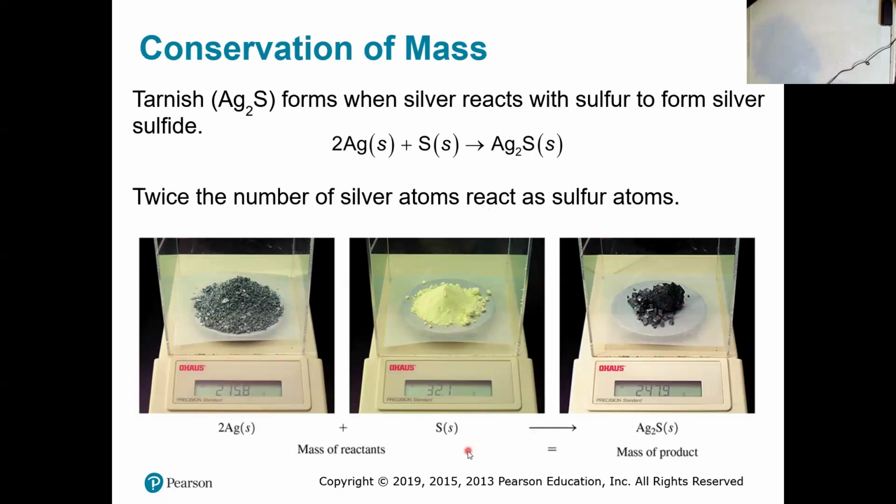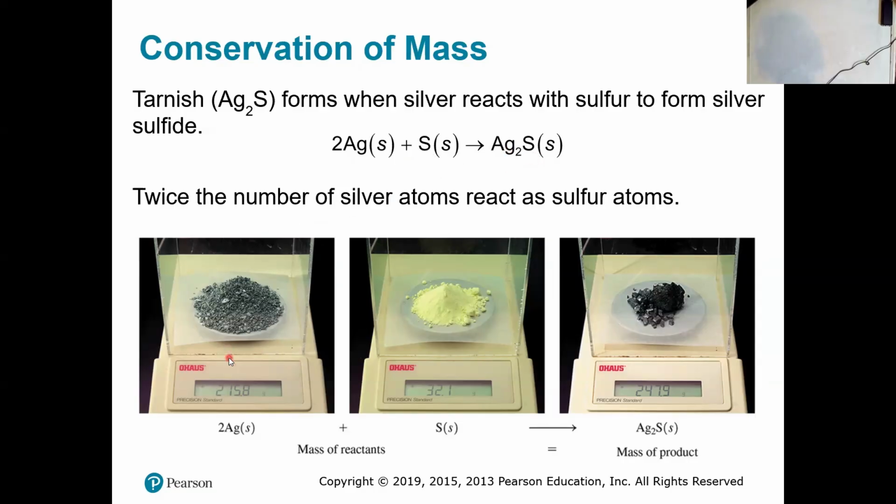We can look at this in reality here. We've got the reaction two silver plus one sulfur produces two silver sulfide.